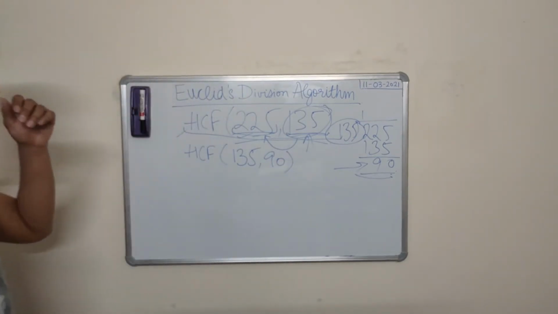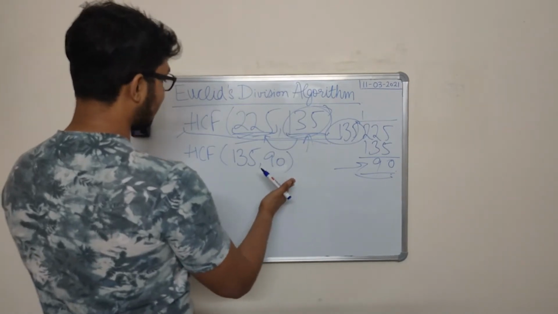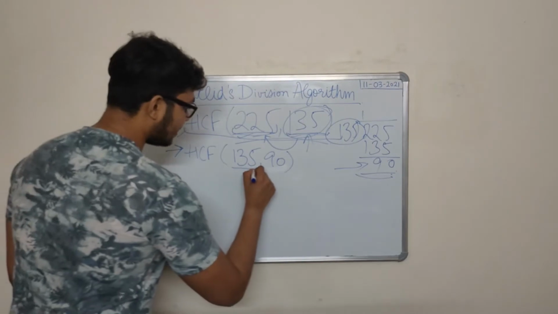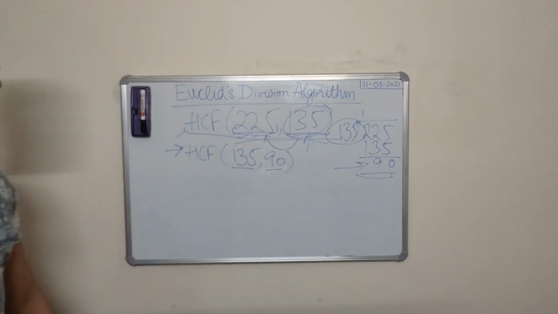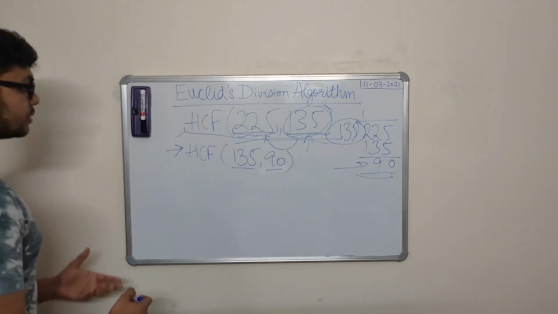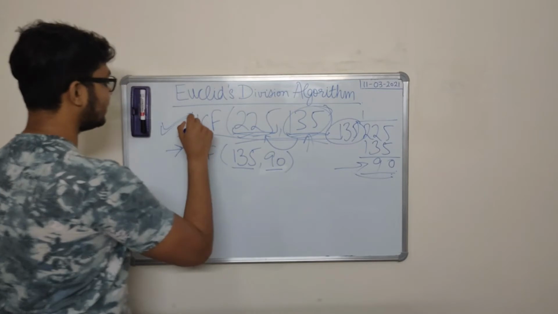So now I have narrowed down my problem to smaller numbers, which are 135 and 90. So what we are going to do now is just repeat what we did here.